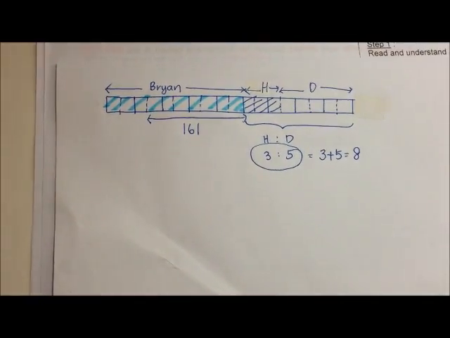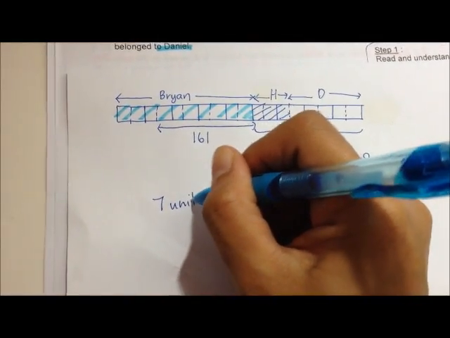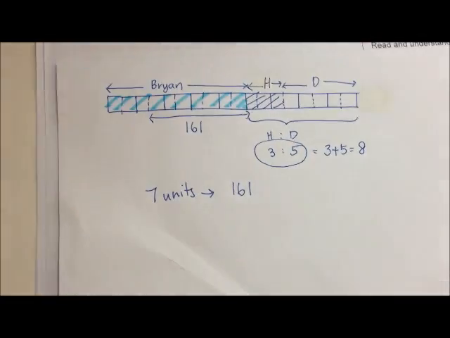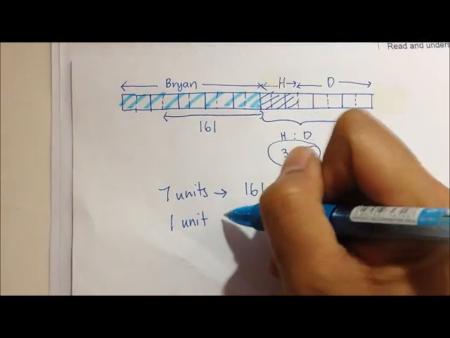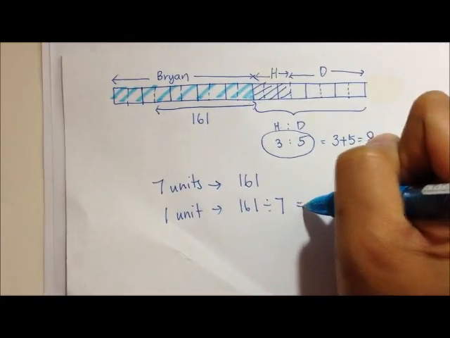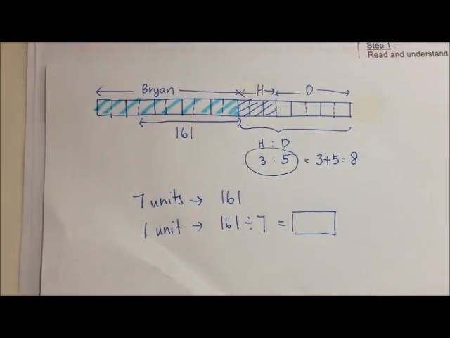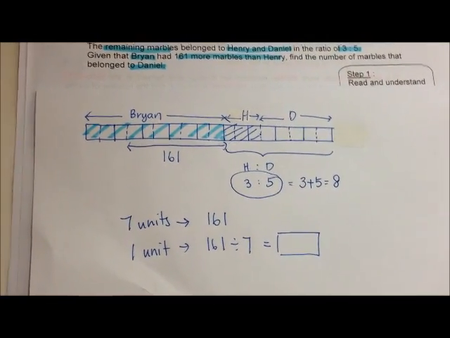Now I want you to look closely at the units. So from here we can see that 7 smaller units is 161 marbles. So find out what 1 unit is: 161 divided by 7. I want you to work this out yourself. Question: find the number of marbles that belong to Daniel.